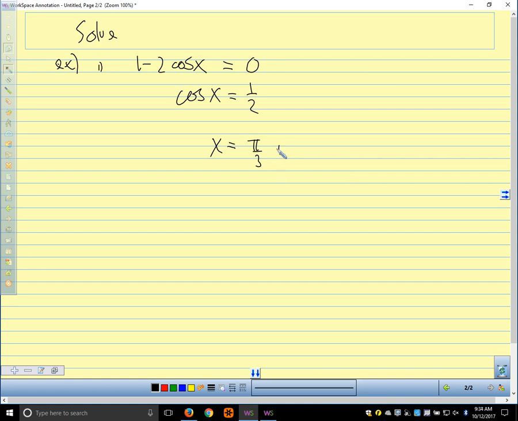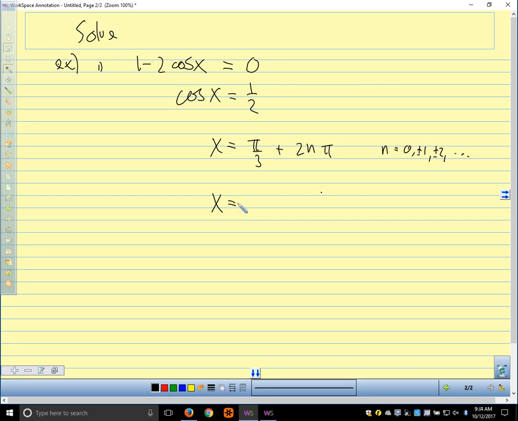So I'm going to say plus 2n pi, where n is 0, plus or minus 1, plus or minus 2, dot, dot, dot. Now, we don't have to write this every time. We're just saying that we have a multiple of 2 pi. We can add any multiple of 2 pi, and we get back around to pi thirds.